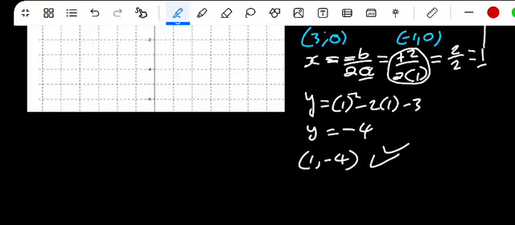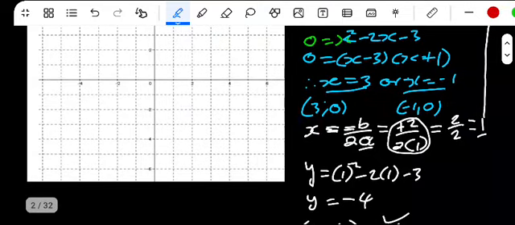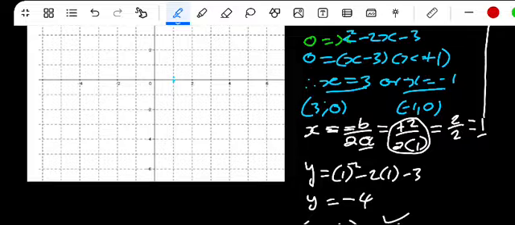We can sketch this. Here we have 1, going down to -4, and we'll have the point there.